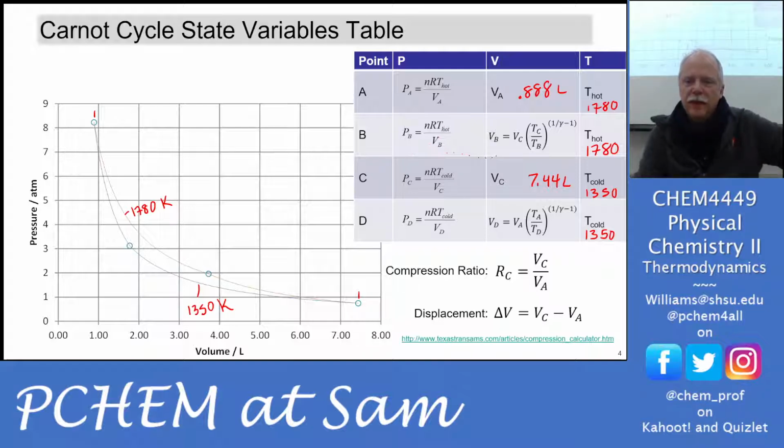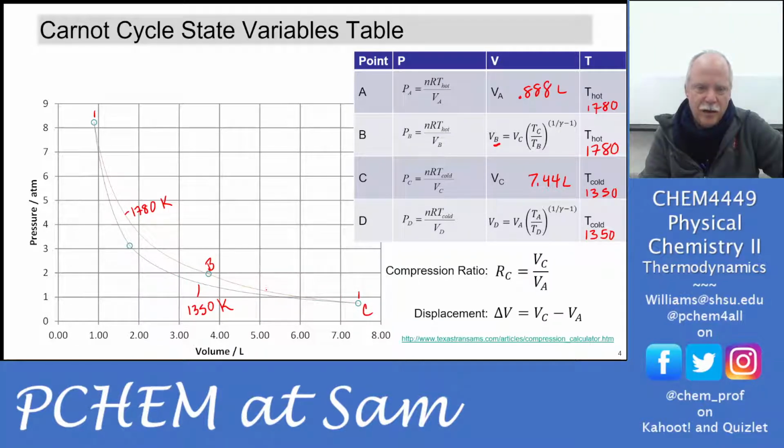Then these are the adiabatic relationships here. So let's go ahead and do those next to get volume B and volume C. Does that make sense? So we have this relationship to get volume B. Volume B here is connected to point C by an adiabat.